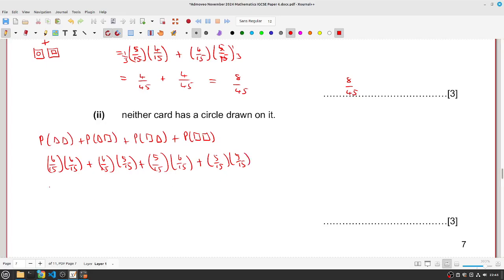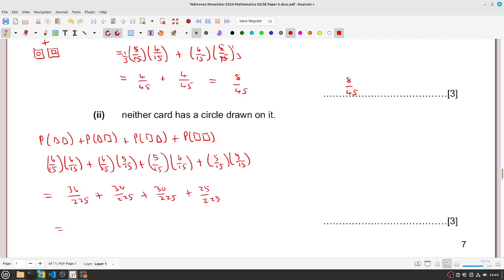Okay, and then we just do those calculations. So this is going to be 36 over 225, plus this is 30 over 225. This is 5 times 6, also 30 over 225. And 5 times 5 is 25 over 225.